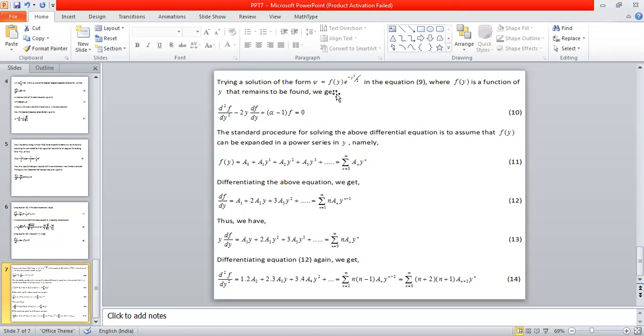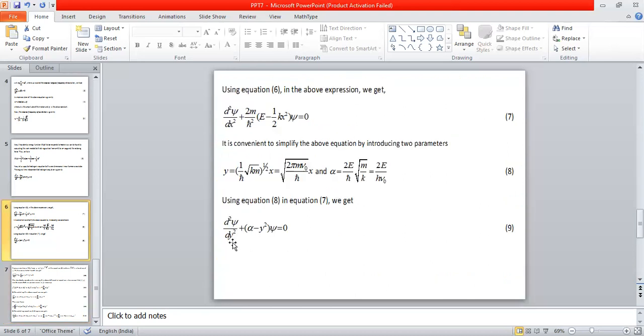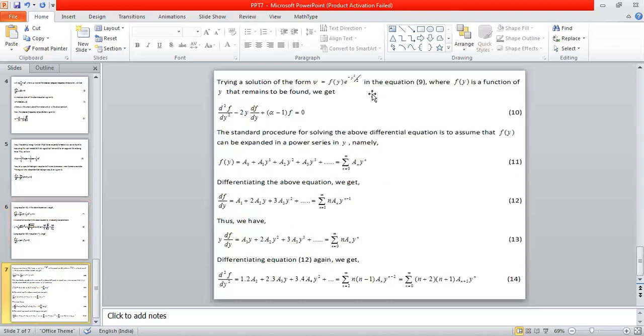So please remember, our equation 9, d square psi divided by dy square plus (alpha minus y square) psi is equal to 0, admits a solution of this form, f of y into exponential minus y square by 2. F of y is a function which we don't know yet, and we need to find out its exact form.